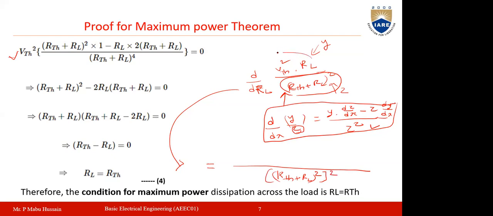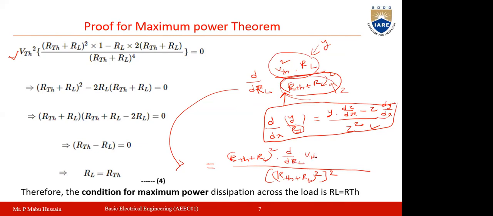So now you take this phi term, (R Thevenin plus RL) whole square, you keep as it is in the denominator, and you have to differentiate the numerator with respect to RL.